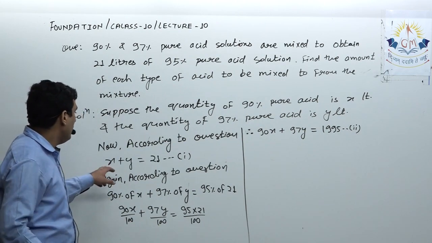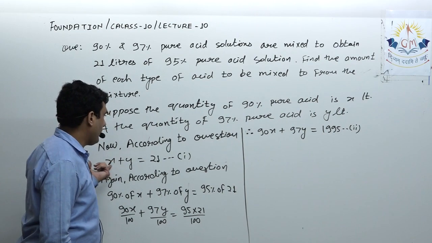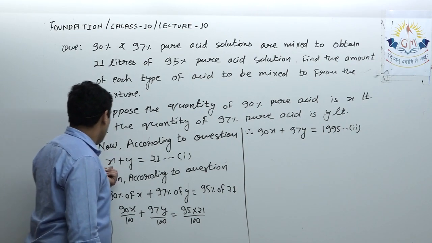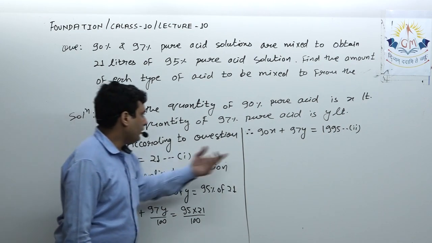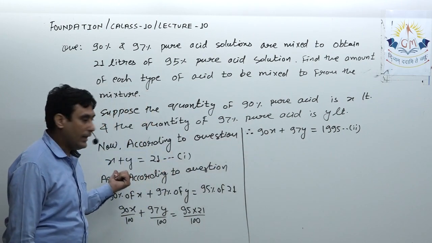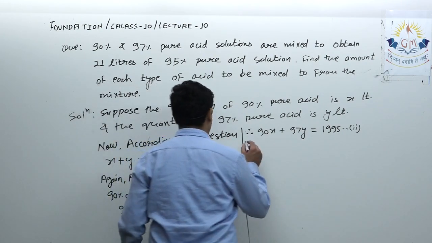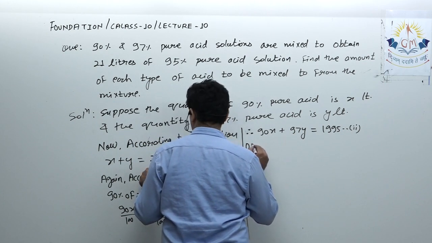For that, we'll make the equation coefficients the same. Obviously it is easy to multiply with 90 as compared to 97. So now I'll multiply the first equation by 90.